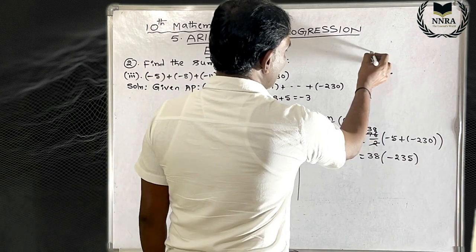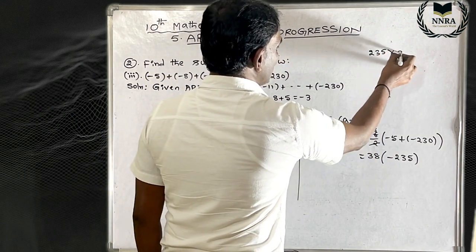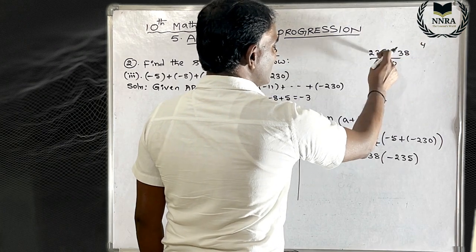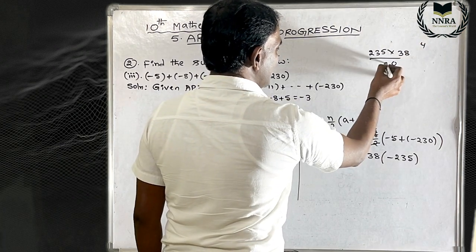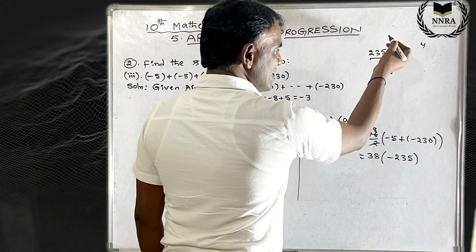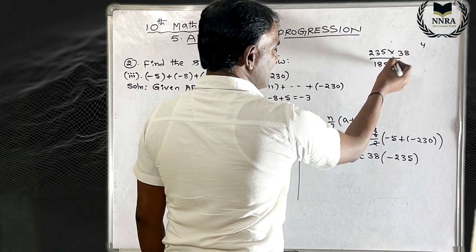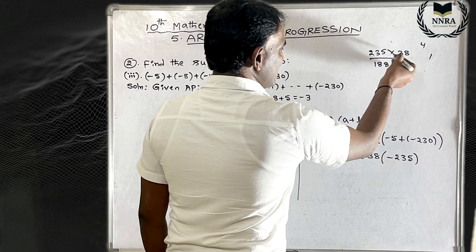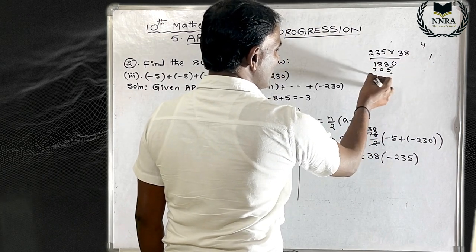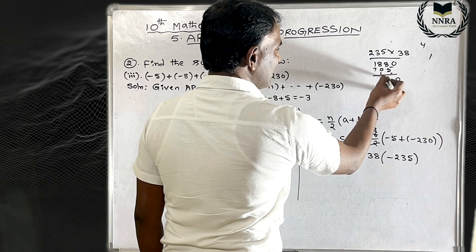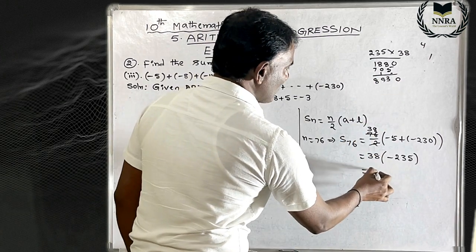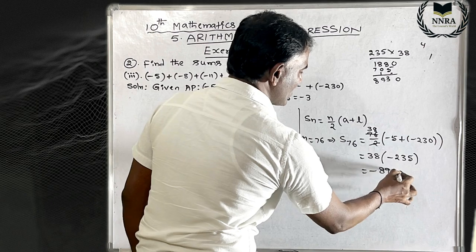So I am writing here 235 into 38. 8 5s are 40, 8 3s are 24 plus 4 is 28, and 8 2s are 16 plus 2 is 18, 3 5s are 15, 3 3s are 9, 9 plus 1 is 10, 3 2s are 6, 6 plus 1 is 7, so we get 8930. So plus and minus gives minus, so minus 8930 is the answer.